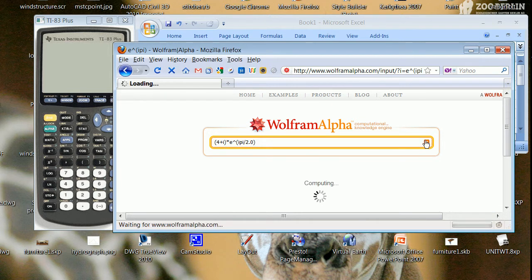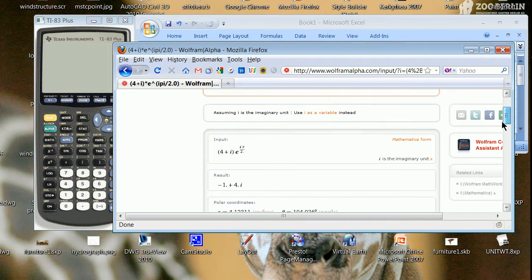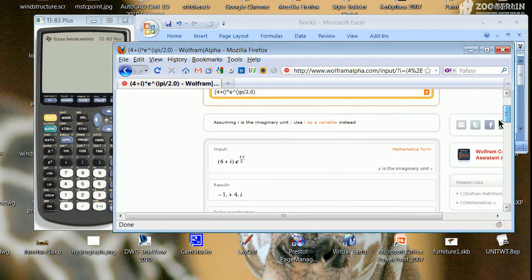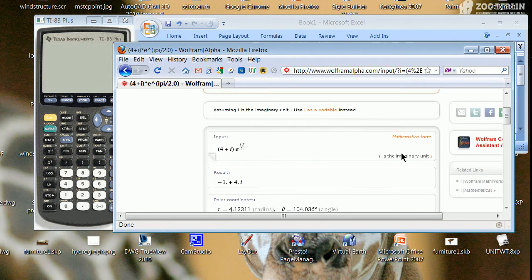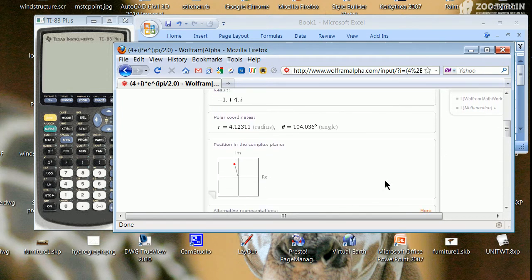So see how it does with that and what it does with it. It actually gives us an input, and it should have actually 4 plus I, and then it rotated 90 degrees, and so you see it did come out and do it correctly.